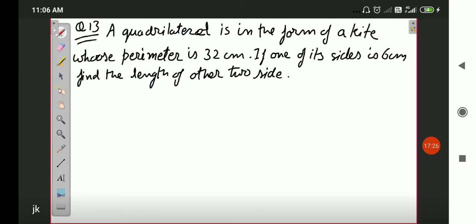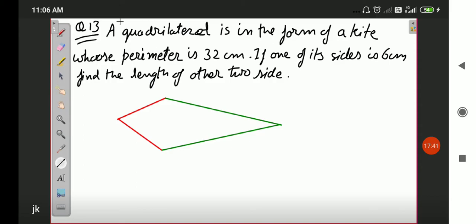Okay, so let us make the diagram to make the question clear. We have a kite type of quadrilateral, whose perimeter is 32 centimeter. Let us name it A, B, C and D. Its perimeter is 32 centimeter.